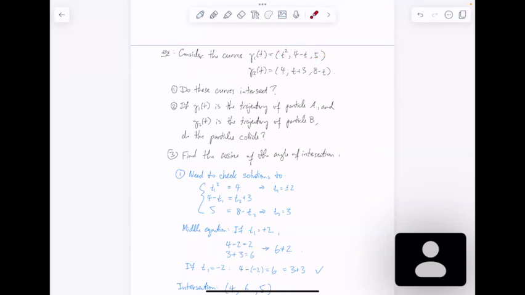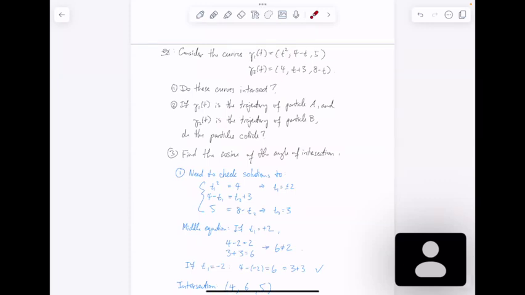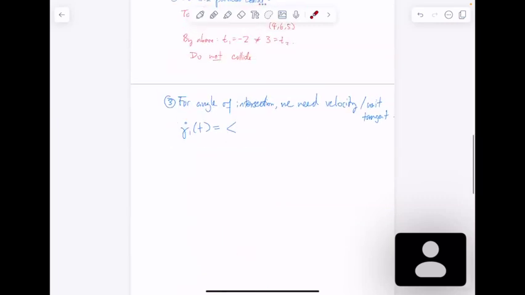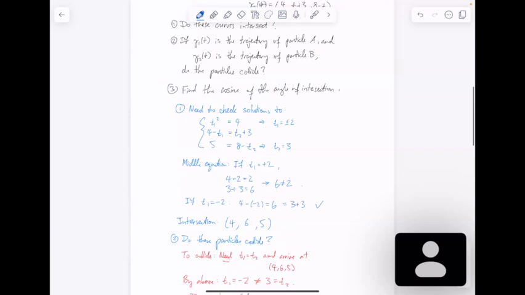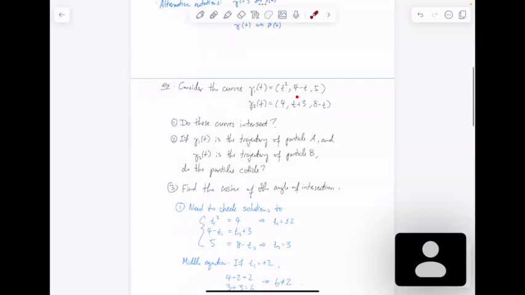So what's the velocity of this? In chat, does someone want to give me the velocity vector of gamma 1 of T? So in this case, this is 2T, and this is -1, and there's 0 here. And for gamma 2 dot, this is just a line, so just look at the direction vector, or you could also differentiate. The direction vector is the coefficients of t, so when you do d/dt of these, this is 0, this is 1, and this is -1.